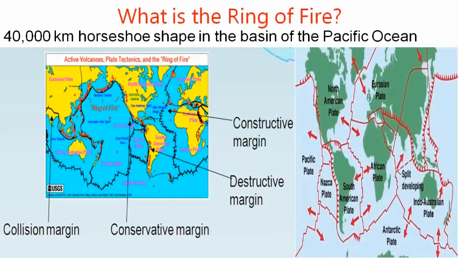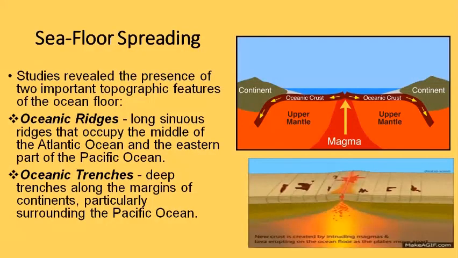So this is the area where two oceanic plates are converging. Plus there are other kinds of plates which are either destructive or constructive or conservative, etc. Over here we have the conservative margin. That is why this region has so many volcanoes, so many earthquakes, and that is why it is called the ring of fire.